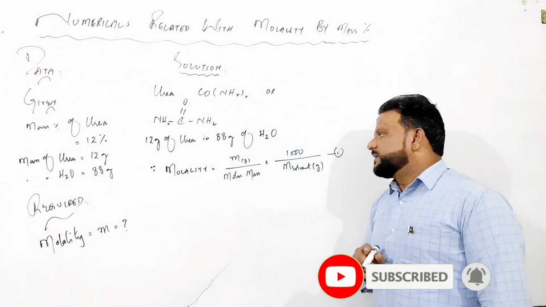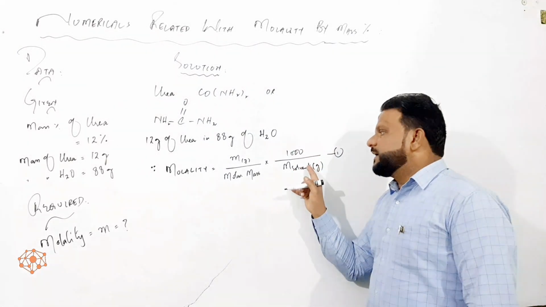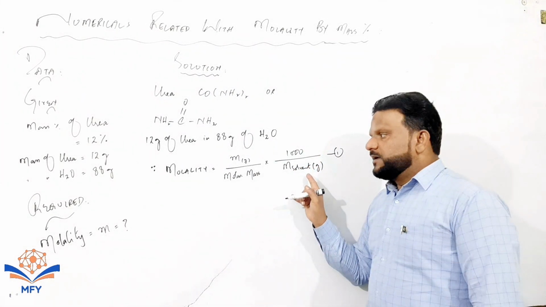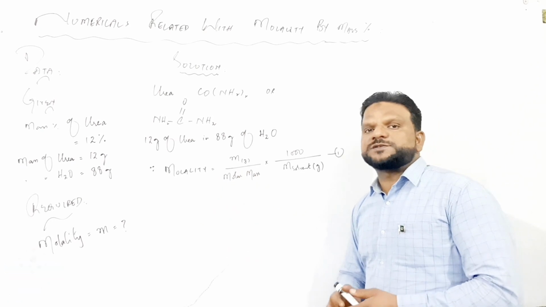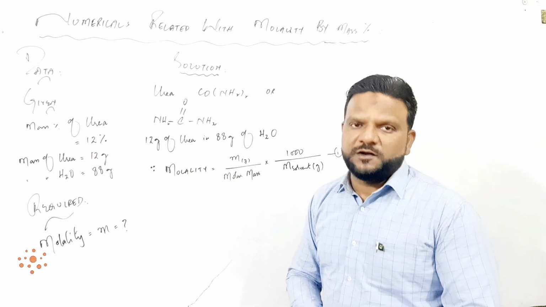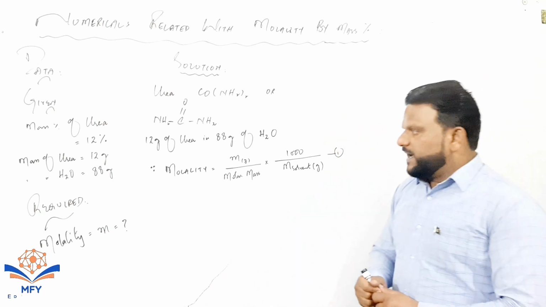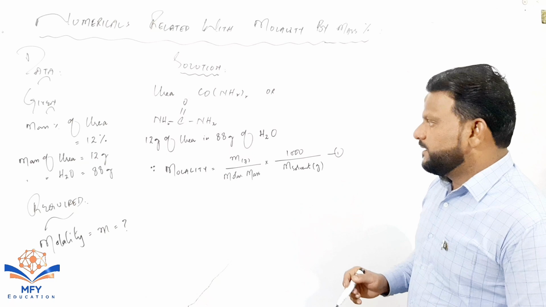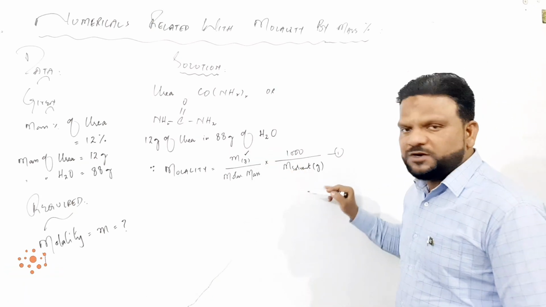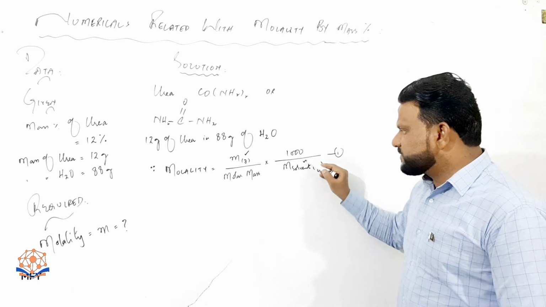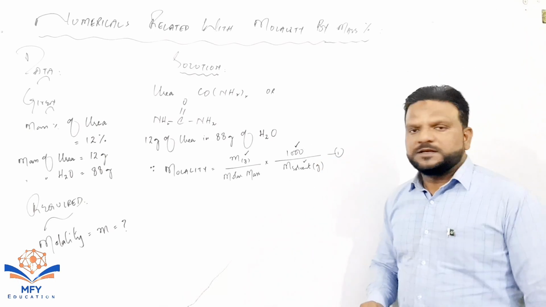As a result, the mass of solvent is converted into kilograms, because the definition of molality is the number of moles of solute dissolved per kg of solvent. By using the given data, we have the mass of solute, that is the mass of urea, the mass of solvent equal to 88 grams, and 1000 is a constant.